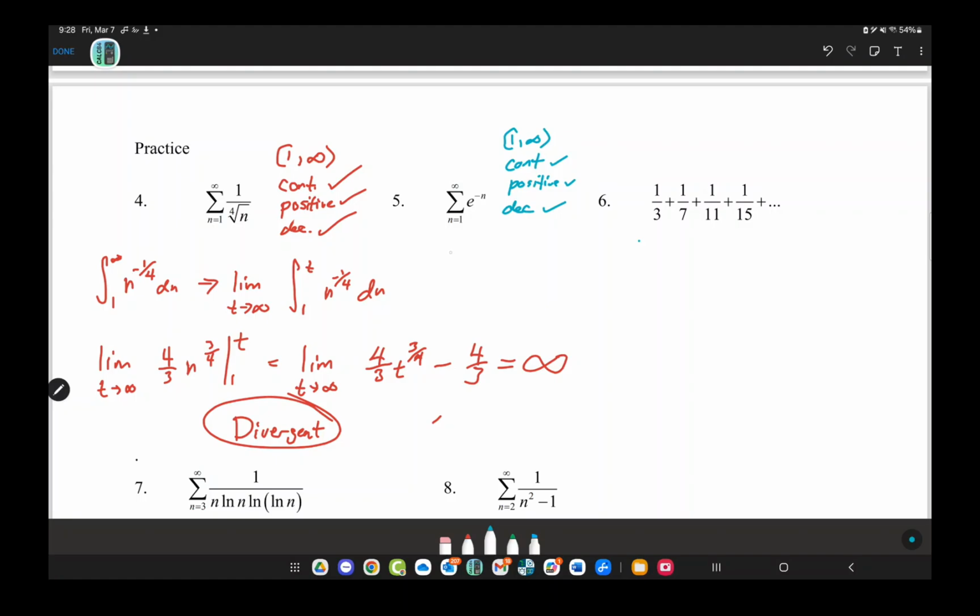So we're going to take the integral from 1 to infinity of e to the negative n dn. Again, to actually do this, we write it as the limit as t goes to infinity of the integral from 1 to t of e to the negative n, which would give you the limit as t goes to infinity of what?